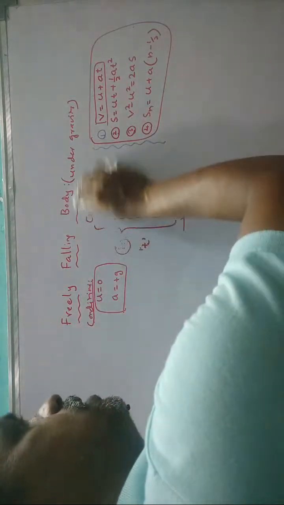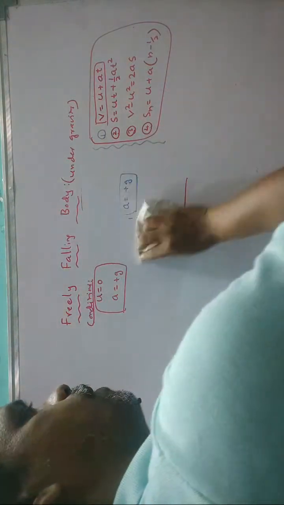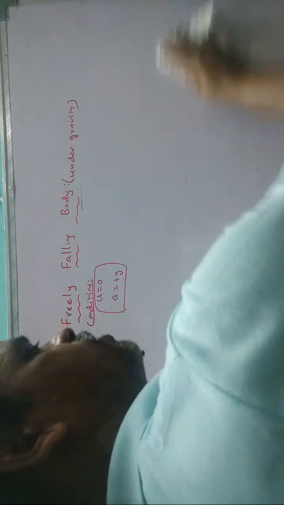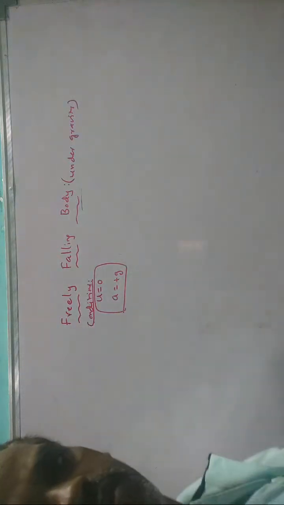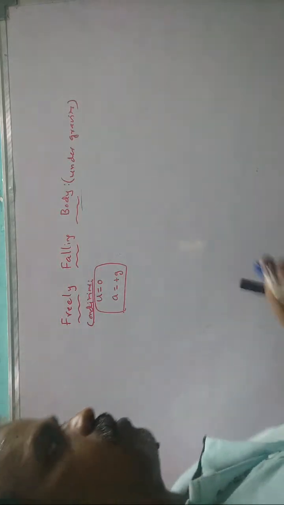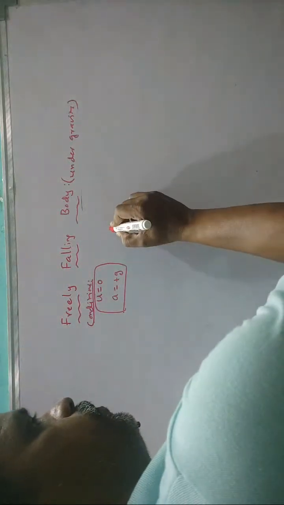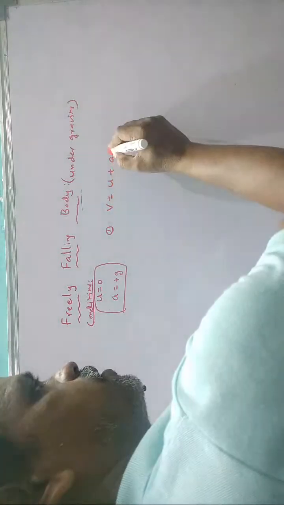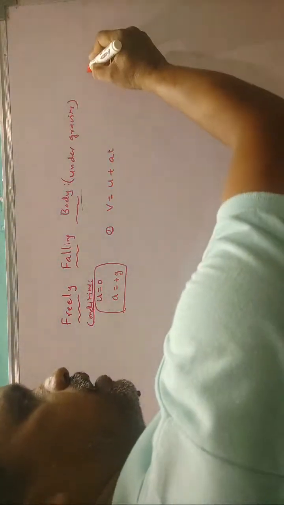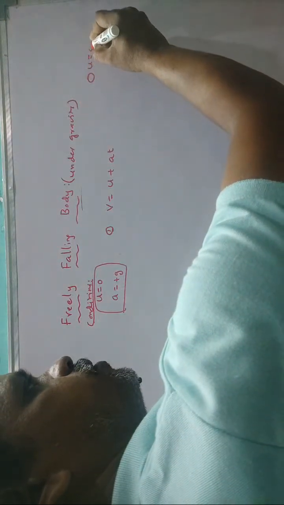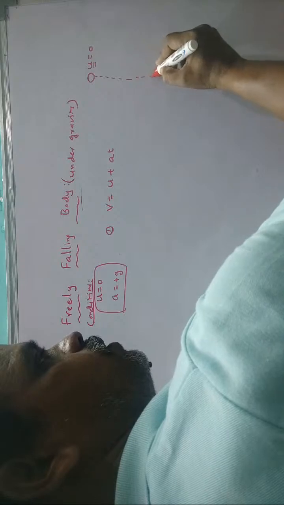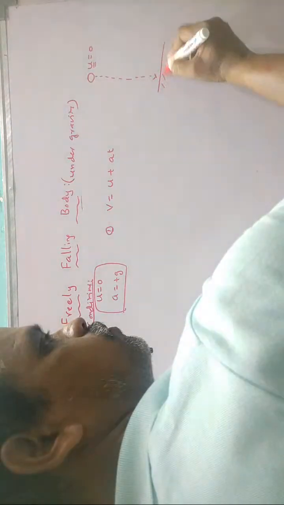So now I am checking. See here, what are the conditions of a freely falling body? U equal to 0, A equal to plus G. Now first kinematic equation, V equal to U plus AT. The body is moving with U equal to 0, meaning initial velocity is 0, then touching the ground.